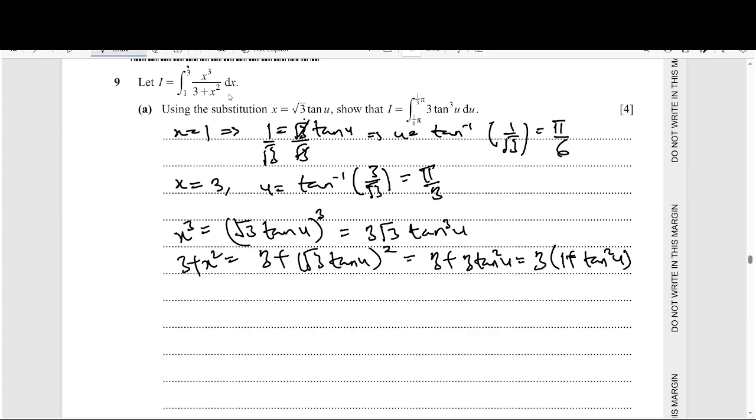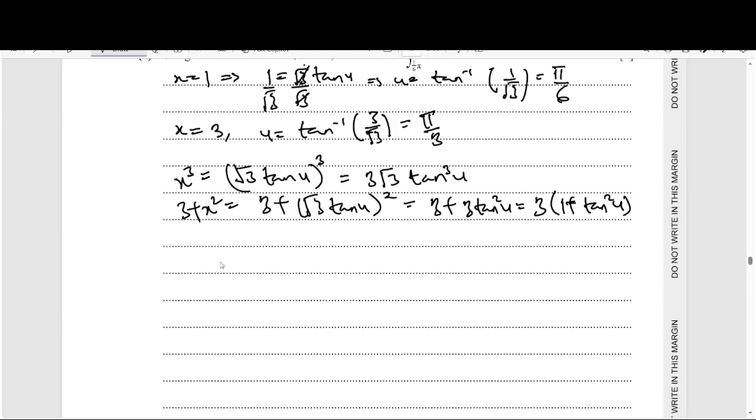And again, remember we are trying to switch from x to u, so this dx must also change, right? That's why we find du in the answer we are working towards. So we write the expression x is equal to root 3 tan u, and find dx from here. So dx over du is equal to root 3, and what is the differential for tan?